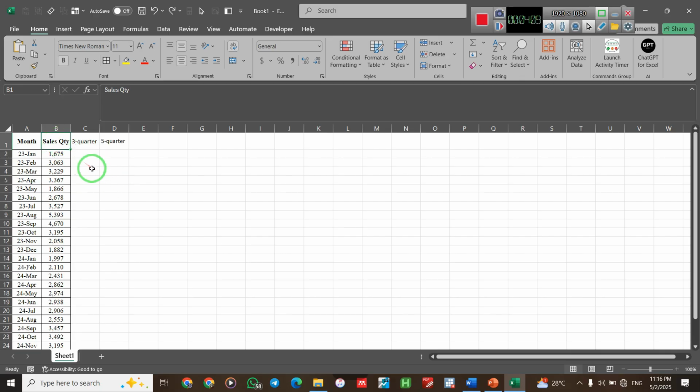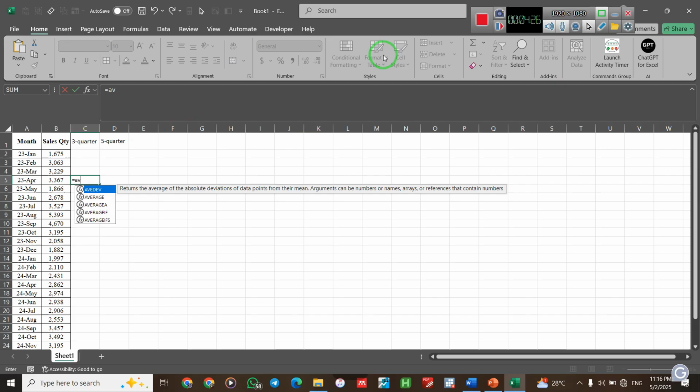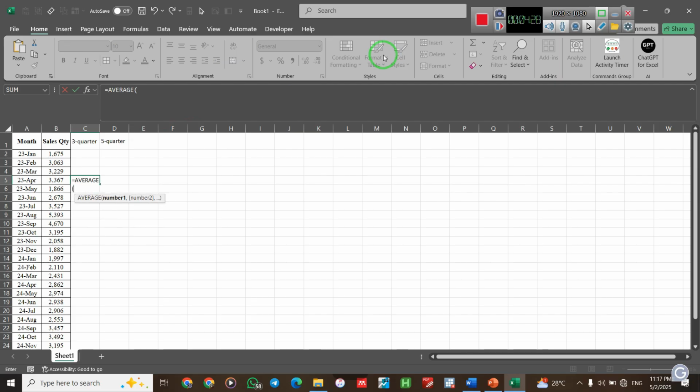Now we are going to first estimate the 3/4 moving average. Since to forecast using the 3/4 method you need at least 3 quarters, I will skip here and come to here and say average, and select the period that I want to average.